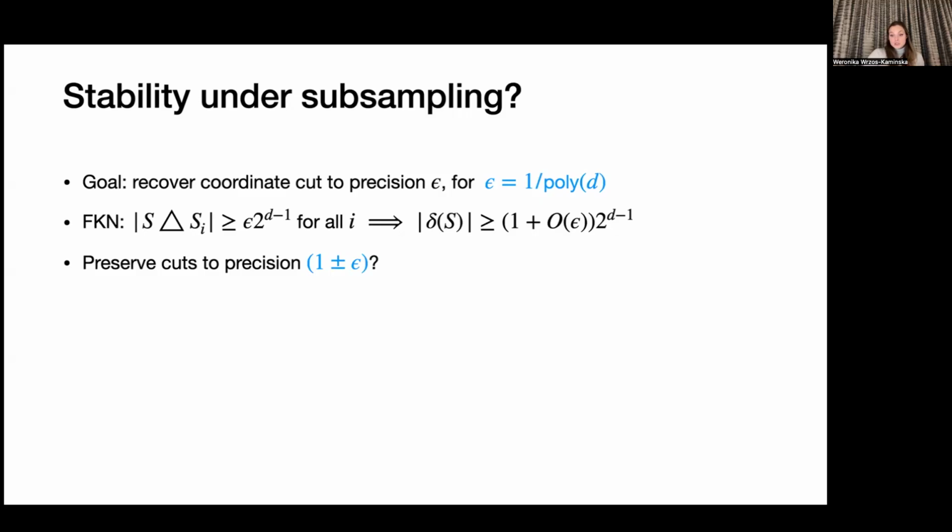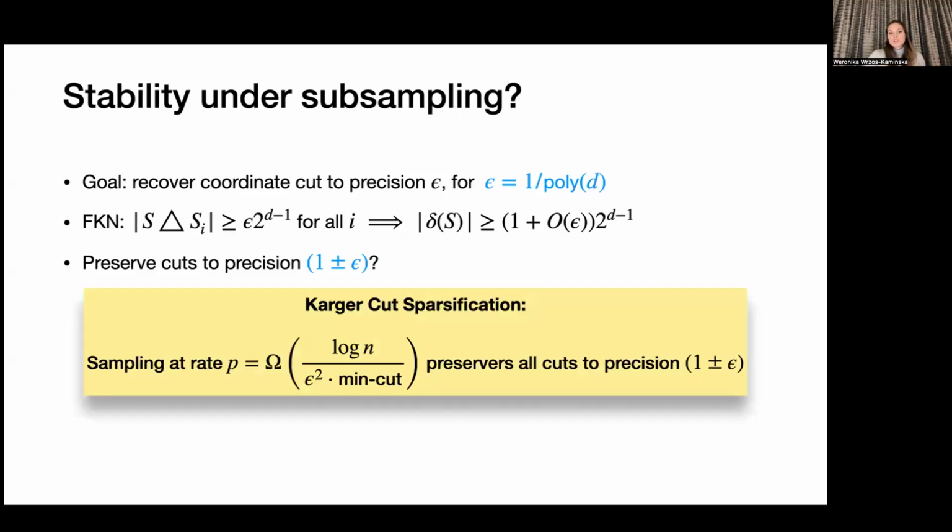So how would we try to show that? Well, we could try to apply Karger cut sparsification. So what is Karger cut sparsification? It tells us that given any graph, if I subsample it at a certain rate, then all the cuts will be preserved up to a 1 plus minus epsilon factor. But what happens if we try to apply the theorem to our setting?